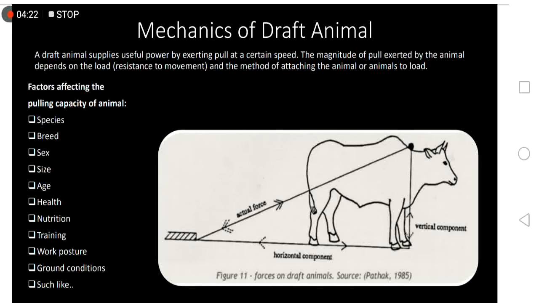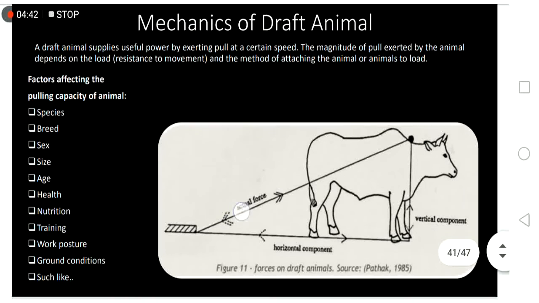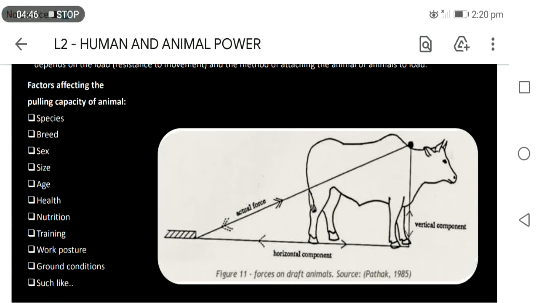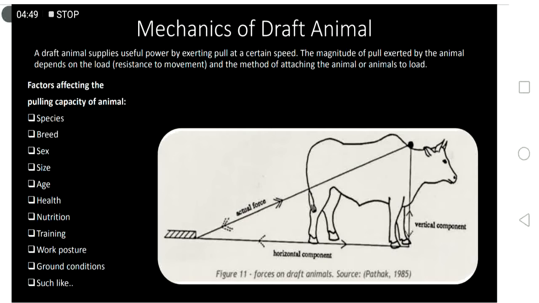This concerns the method of attaching the animal or animals to the load. When we talk about the mechanics of draft animals, the actual force is the hypotenuse of this right triangle shown in the picture.